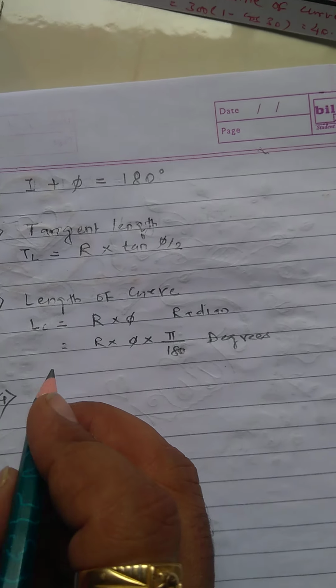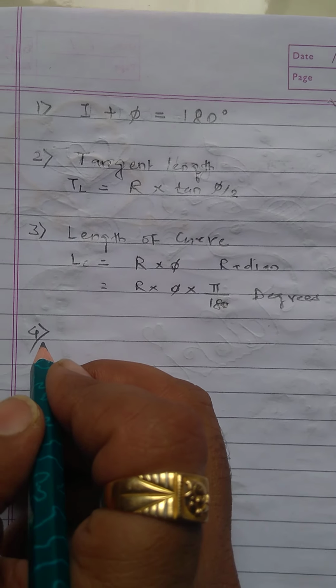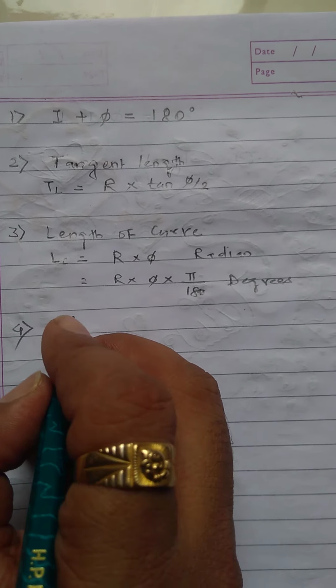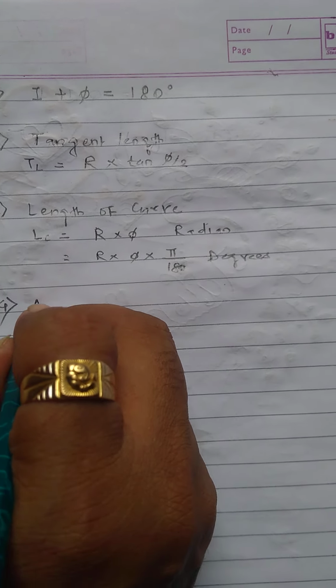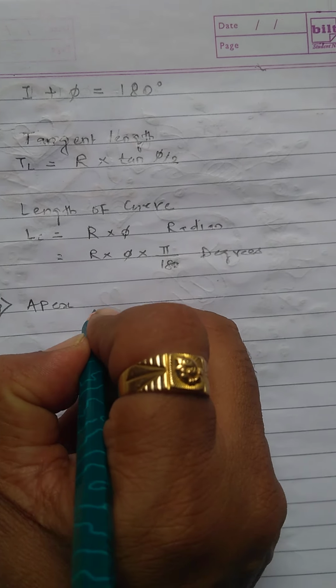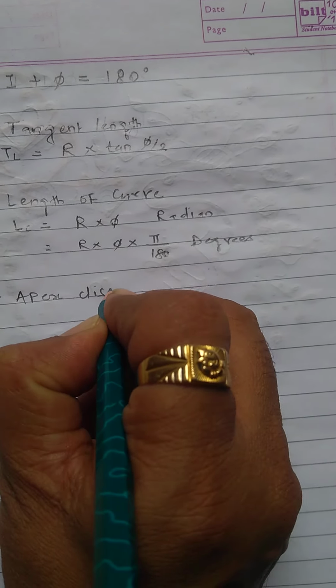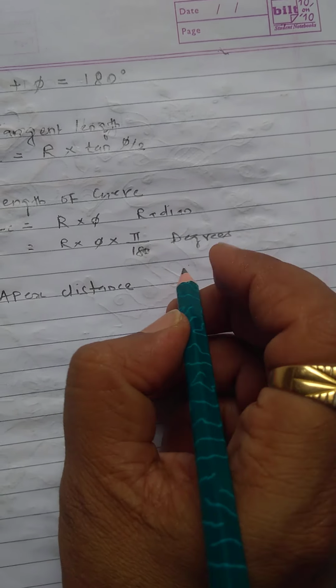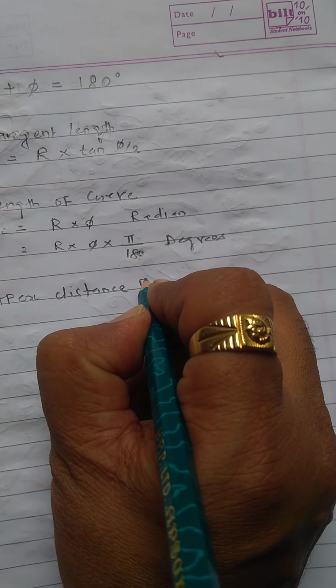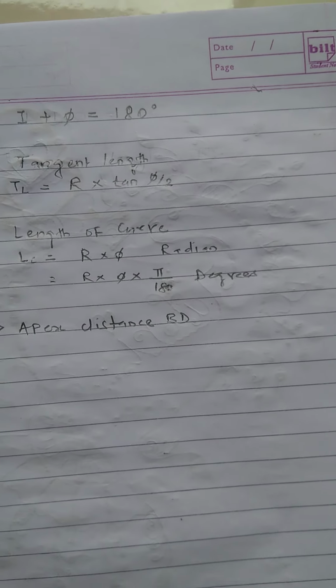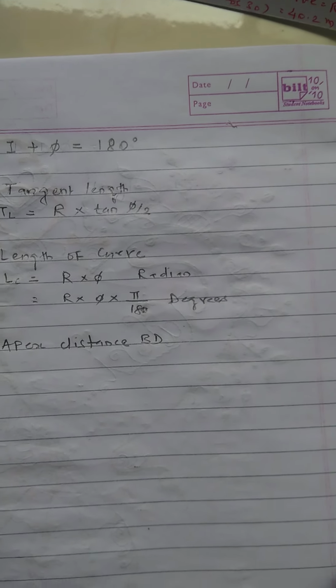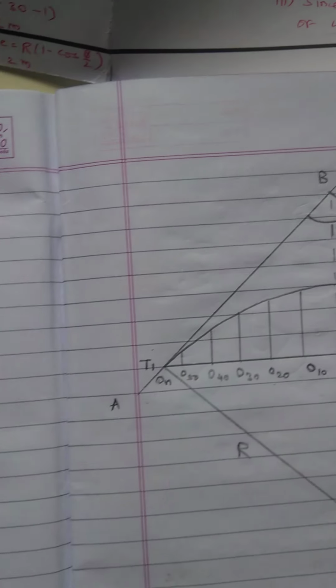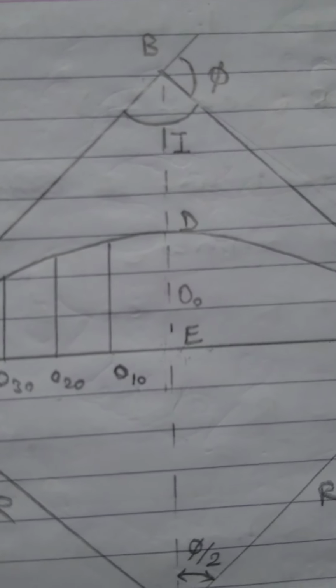Now go for the fourth relation. The fourth is apex distance. This is distance BD. In the sketch, the apex distance is BD. See in the sketch, BD.